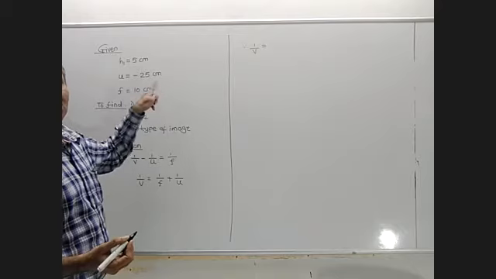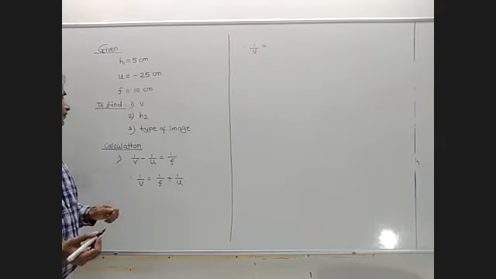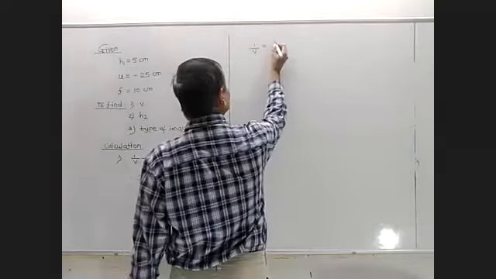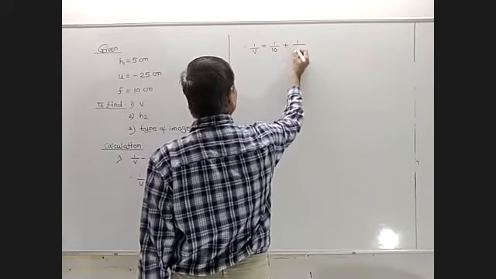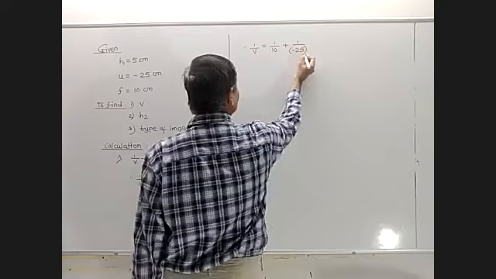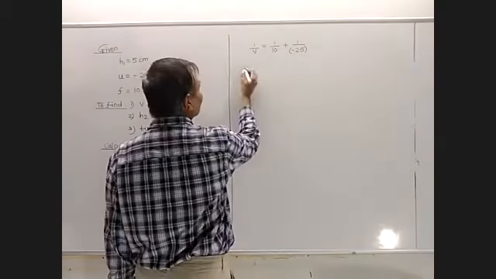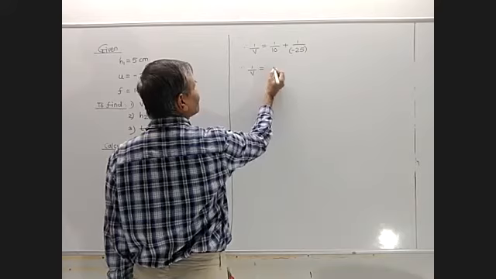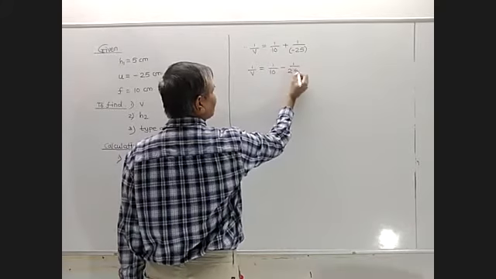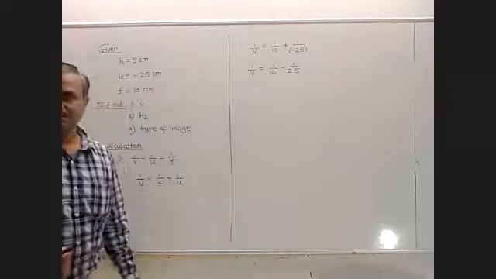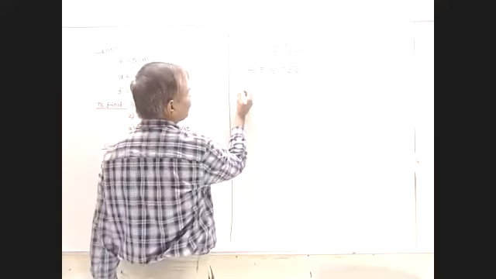If diverging or concave lens is there, focal length is negative. So 1 upon v is 1 upon 10 plus 1 upon minus 25. So 1 upon v is equal to 1 upon 10 minus 1 upon 25.